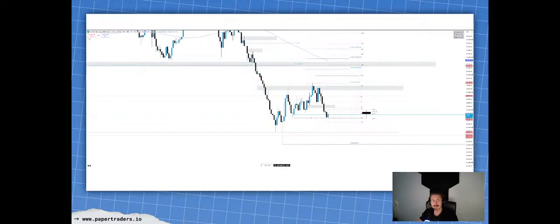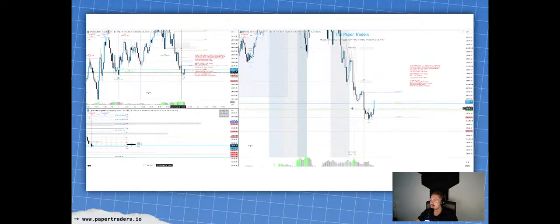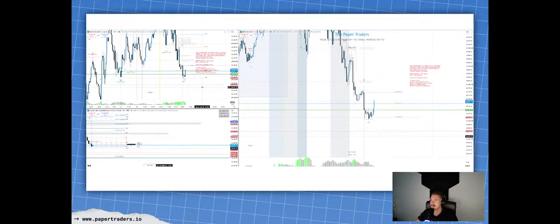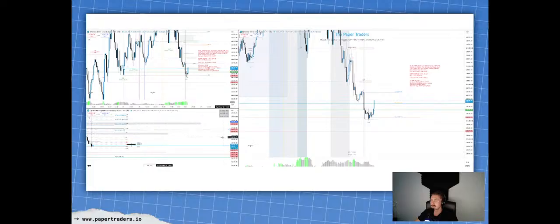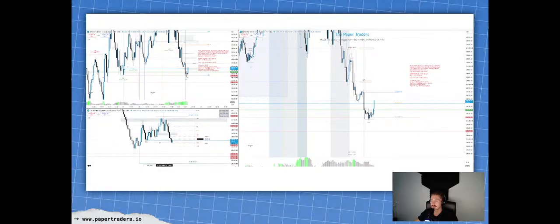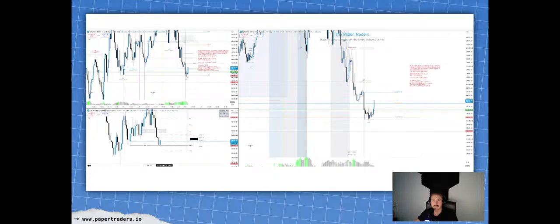Look at that reaction off that previous day low. Holy fuck, they're gushing this up right now. Is that SFB, I guess?